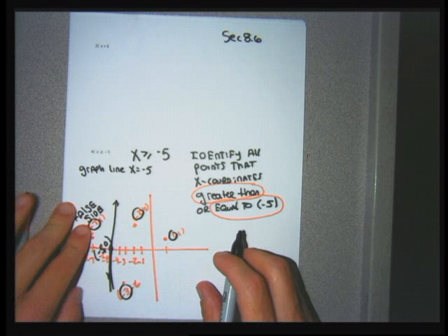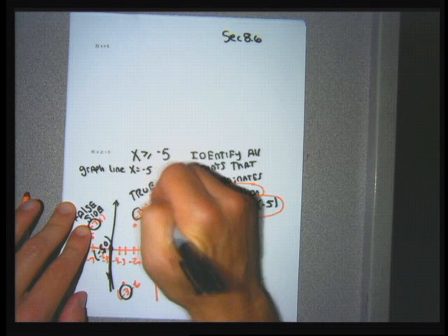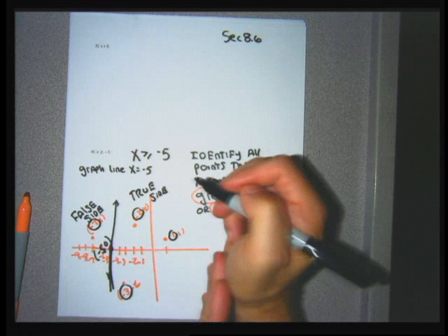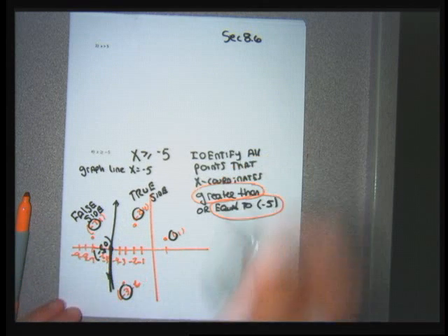And so that's the false side of the line. By default, that makes this side of the line the true side, which means any point to the right of the line is going to have an x-coordinate that's bigger than -5.